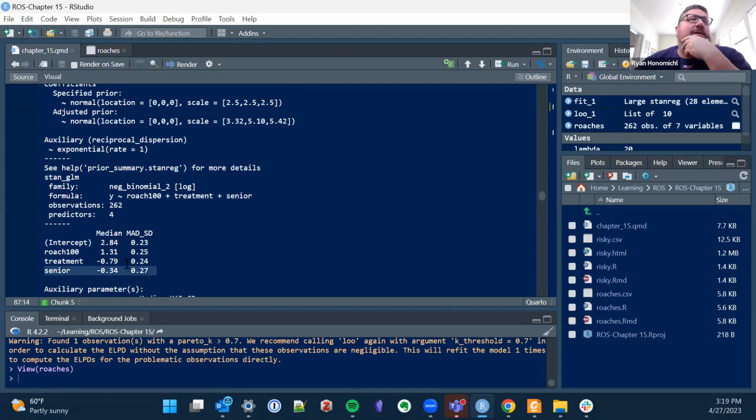For each increase in 100 roaches, we should see the median estimate increased by 1.31, right? So it kind of makes sense. How would you interpret that?